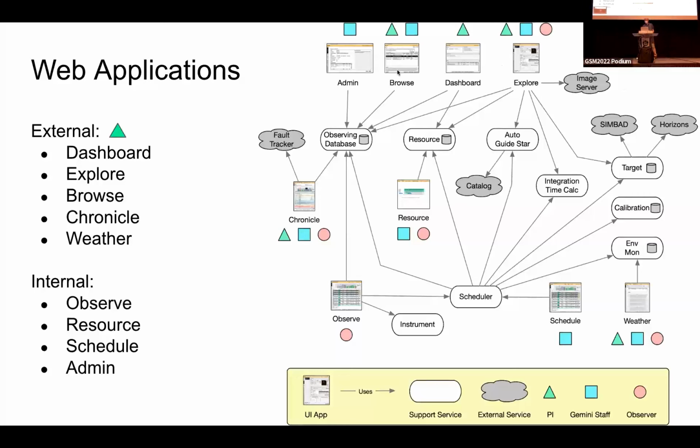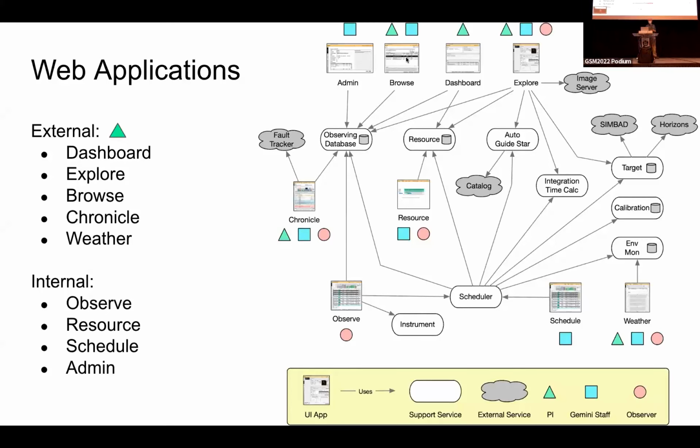The main things that most of the community will be using: I'm going to start out with the dashboard interface, which is where you log in, you see a list of all of your proposals or programs that you have access to, and you can switch between them. Then there's Explore, which is probably the main application, the focus of this talk, which is the proposal and observation preparation tool. It's like the main PIT and OT replacement.